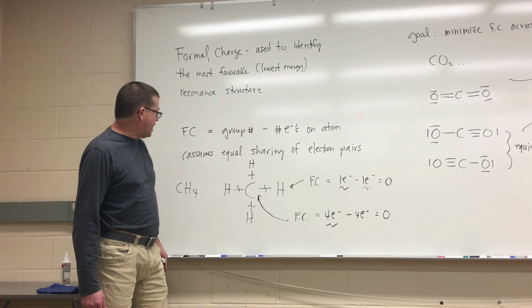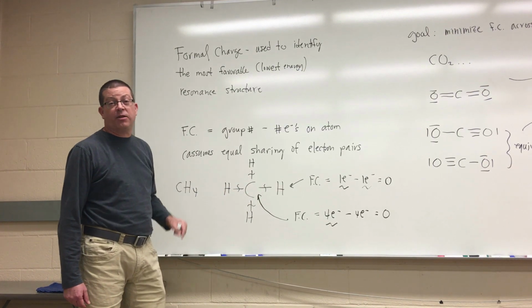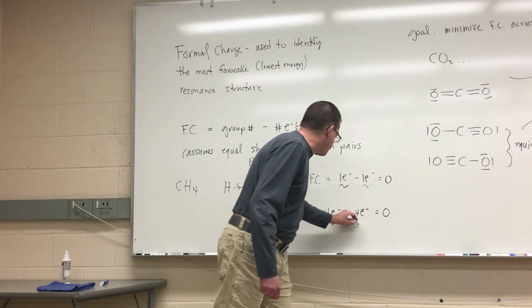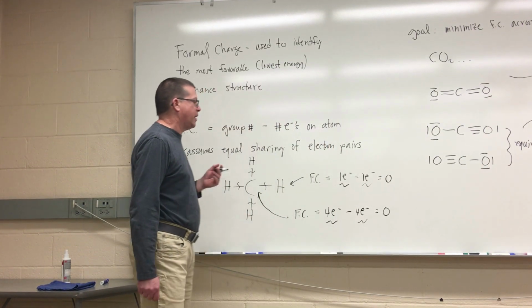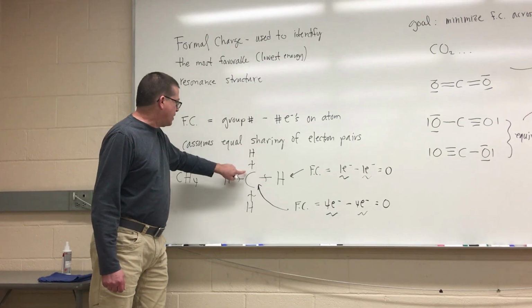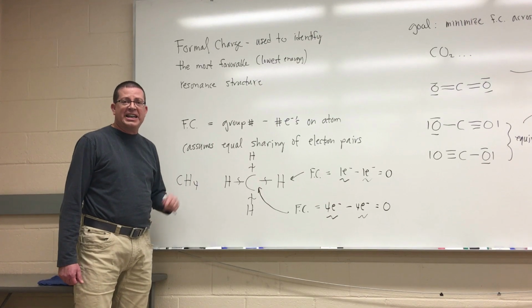All right, so if I do that, I have 1, 2, 3, 4 electrons now that belong to that carbon atom. So that's where this 4 comes from here. So 4 minus 4 electrons gives me 0. So in both cases, hydrogen and carbon, what I've got here is a formal charge of 0 on each atom.